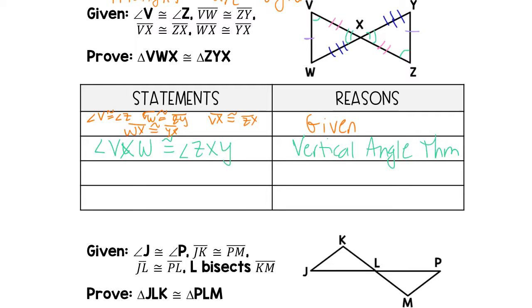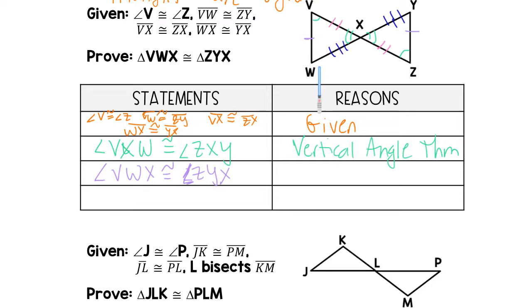Now let's look at the next angle, the only part of these two triangles that we don't know. We know VWX is congruent to angle ZYX. I want you to notice something before I write the reason.